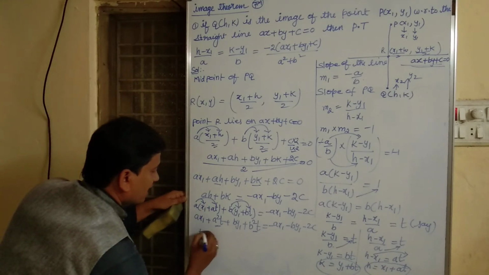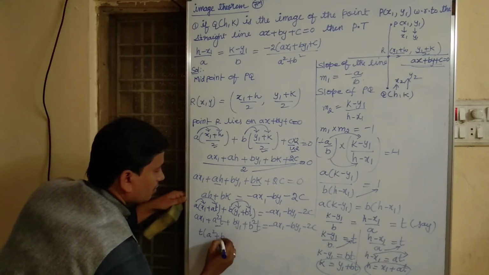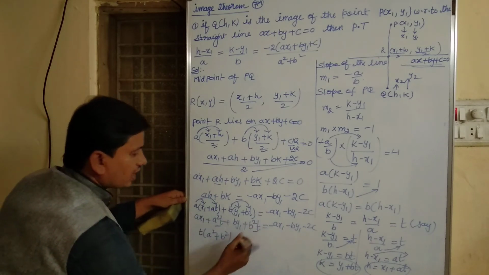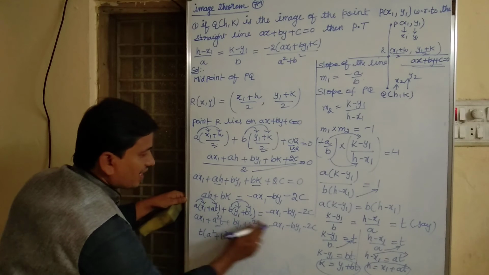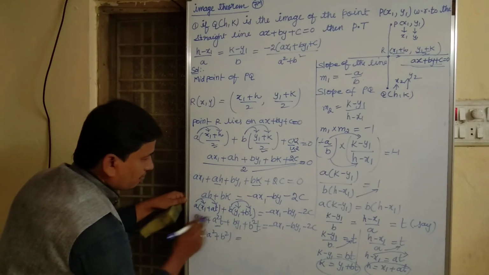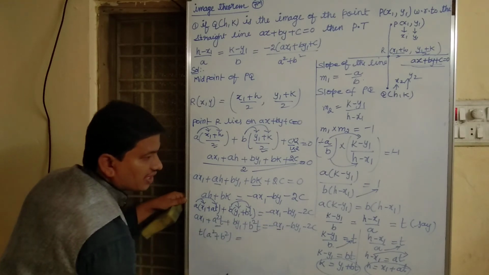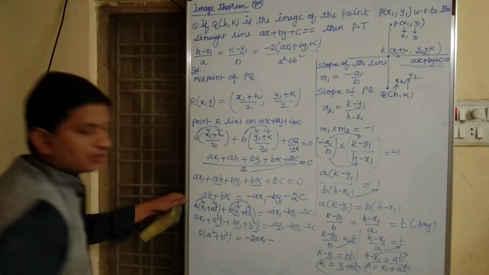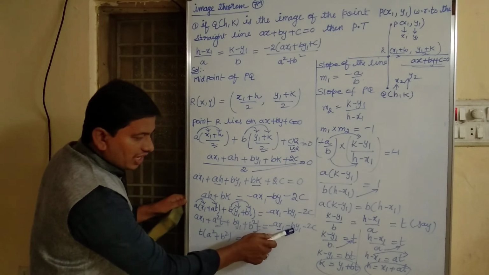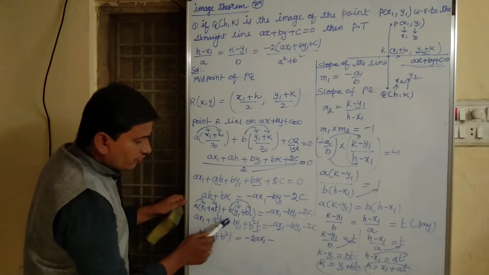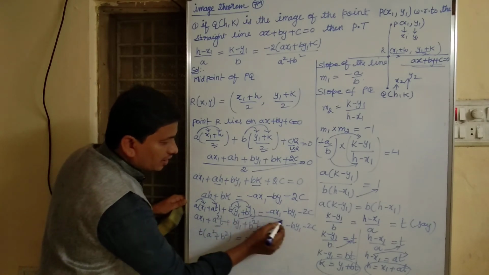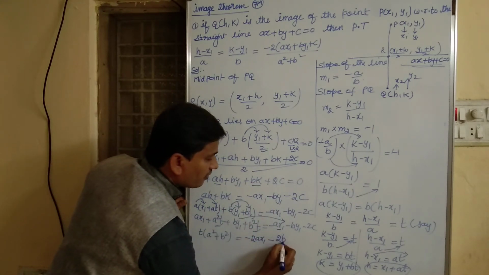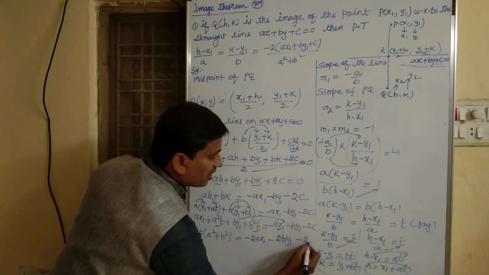Once you take t as common, you will get a square plus b square. This minus ax1, if you transpose, will be minus ax1; already we have minus ax1. Minus ax1, minus ax1, minus 2ax1. Minus, children, as we have already here by1, if we transpose this plus by1, again it will become minus by1. Minus by1, minus by1, minus 2by1, minus 2c.